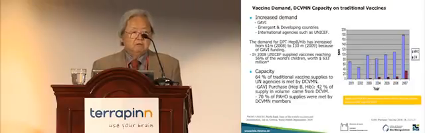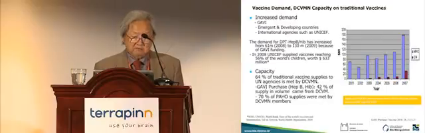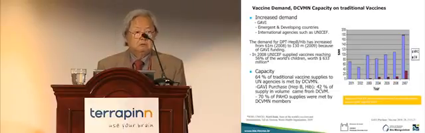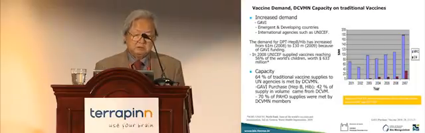We have seen in later years that the demand for vaccine has increased a lot because of Gavi working. Providing vaccine to the poor countries is very, very important. They are playing a very, very important role in this area.